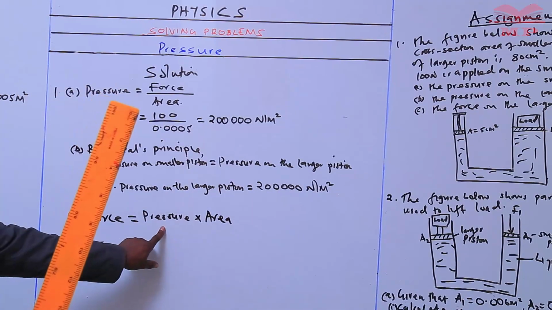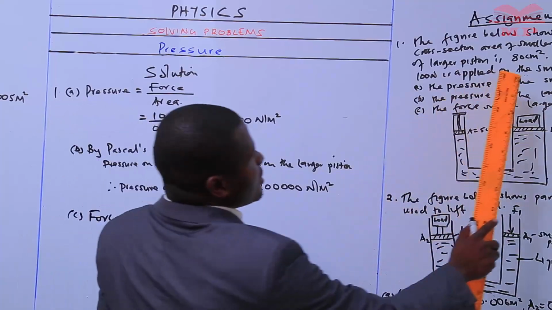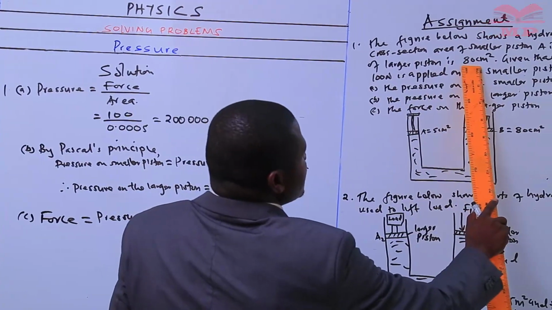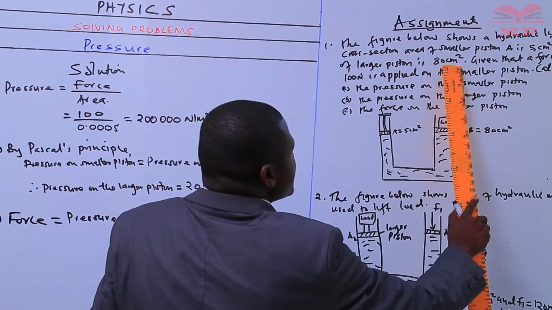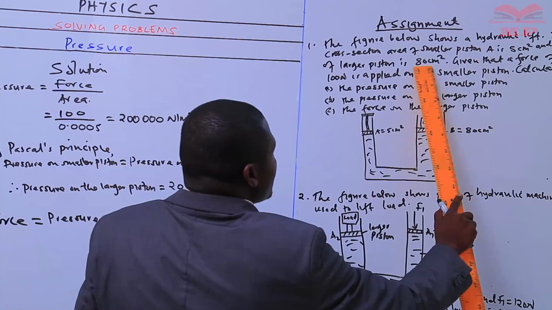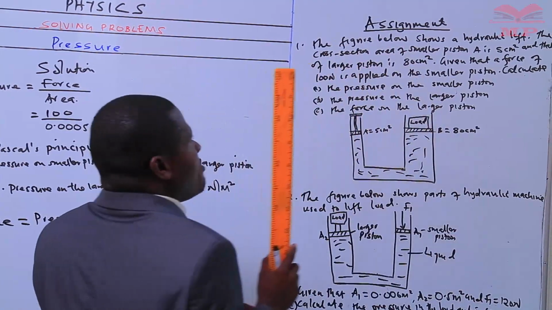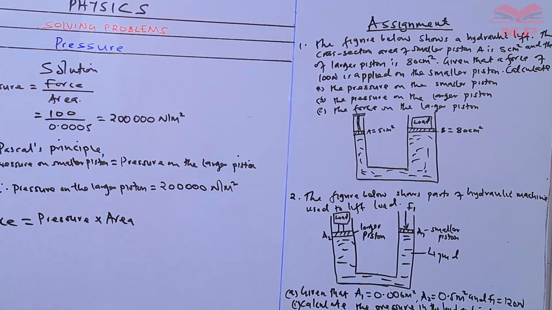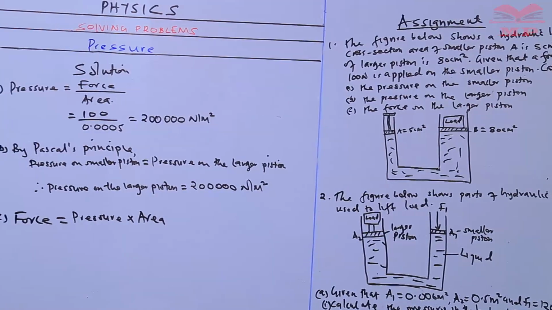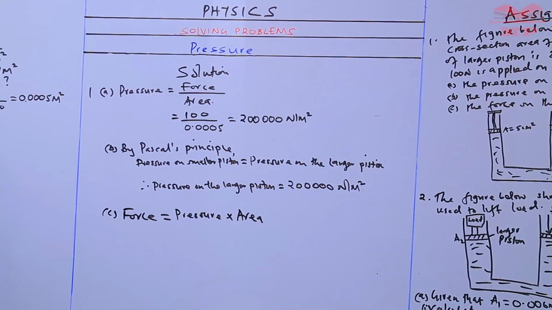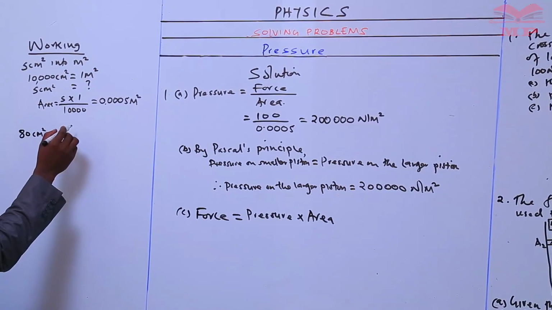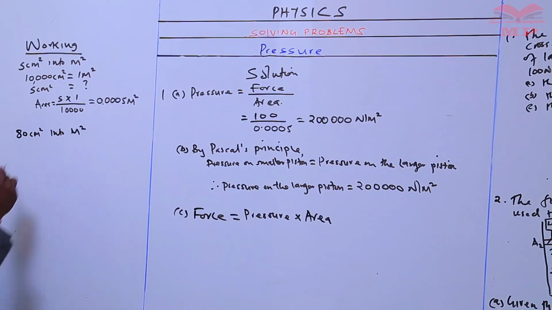So you have pressure, and area we have been given as 80 centimeters squared. We need to convert this into meters squared.